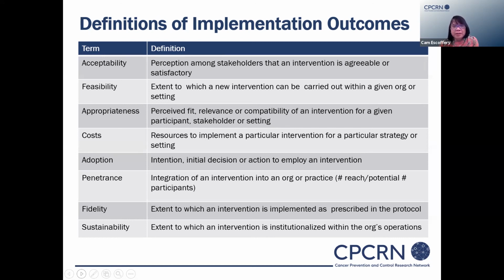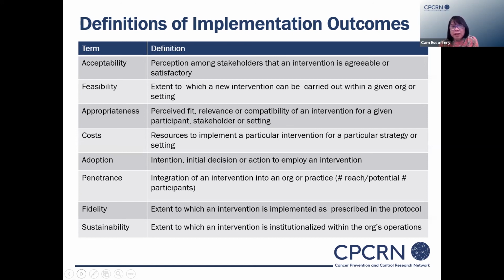Appropriateness relates to people's understanding of whether the program fits. Is it relevant for them? Would they suggest changes? Cost is what they think are the resources needed to implement the program, and whether there are adequate resources to actually implement the program.